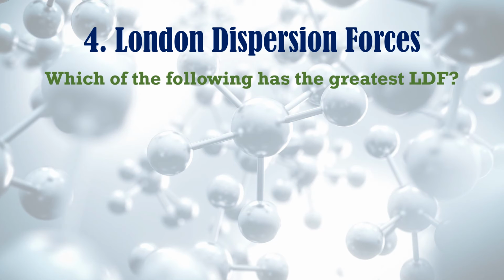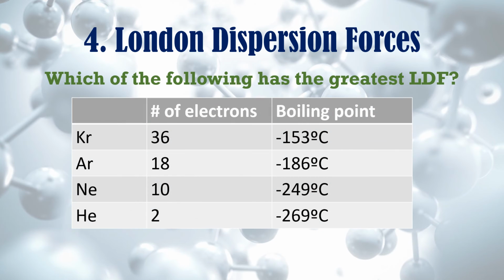Another one, which of the following has the greatest LDF? So we are now trying to look at the relationship of LDF to boiling point. So we have here 4 elements to compare. We have the krypton, argon, neon, and helium. So as you can see, krypton here has the greatest number of electrons and helium has the least number of electrons.